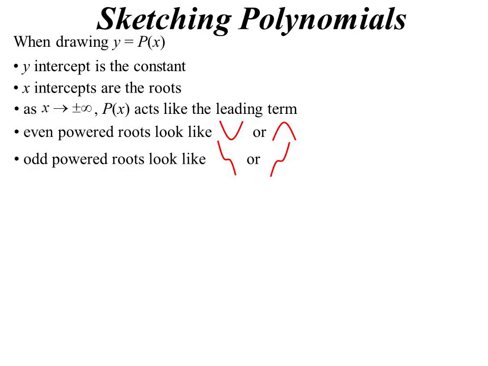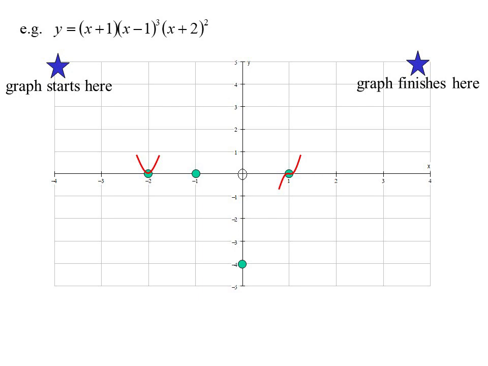Well, the odd ones, other than power of 1, of course, because power of 1 will just look like a straight line, will look like our basic cubics, or power of 5, power of 7, all the odd ones that have that inflecting shape. And again, the higher the power, the flatter it'll be at the base, the steeper it'll be at the sides. So we've got x minus 1 cubed.